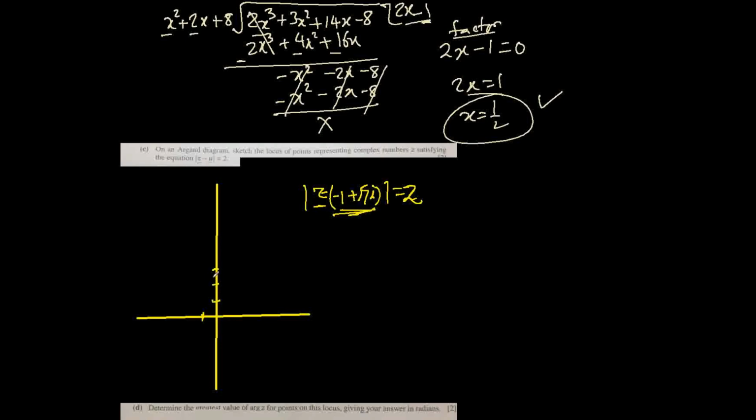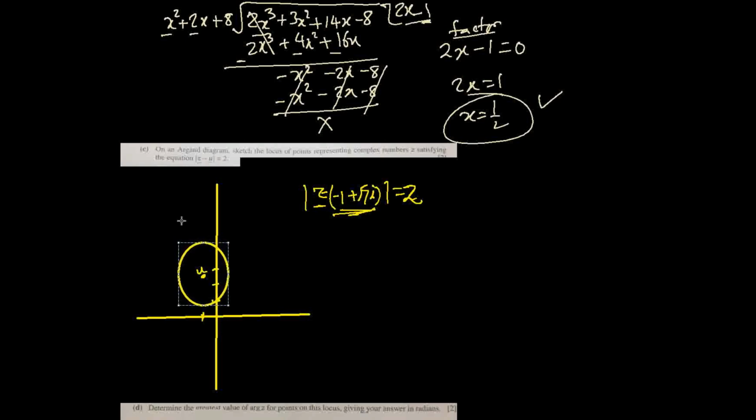So 2.64 will be somewhere here. This is the center of the circle. From this particular point, which is u, we need to have a circle with radius 2 units. So it will be something like this here, and it has to go up.